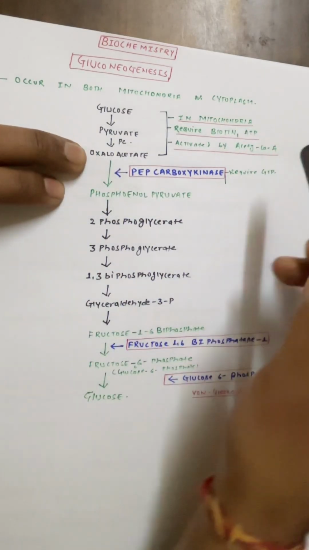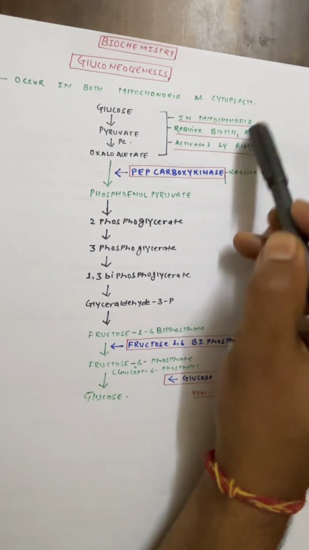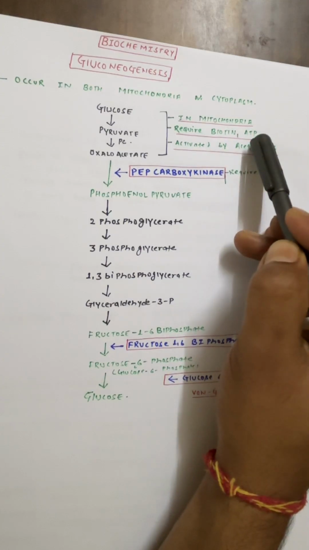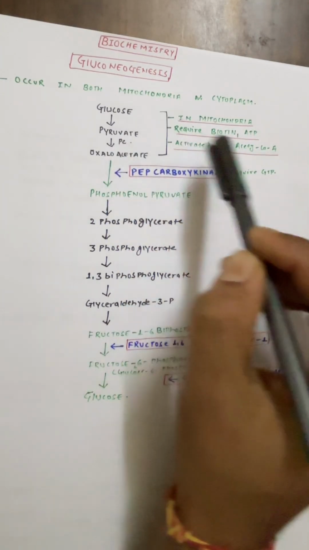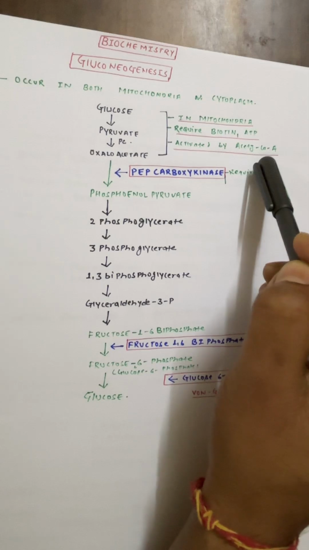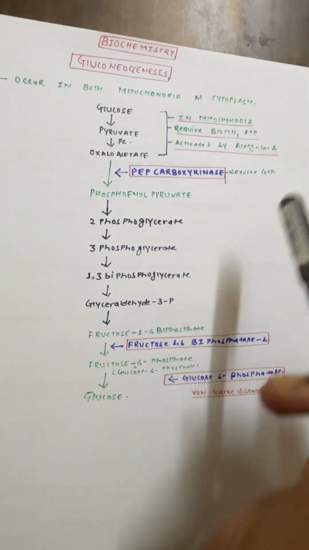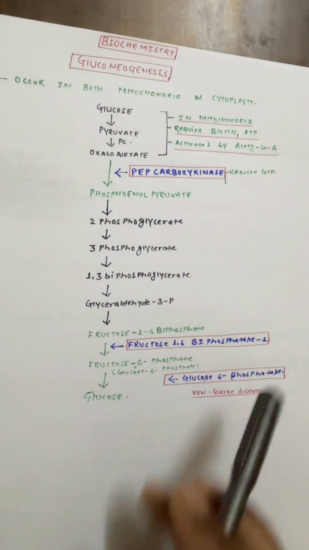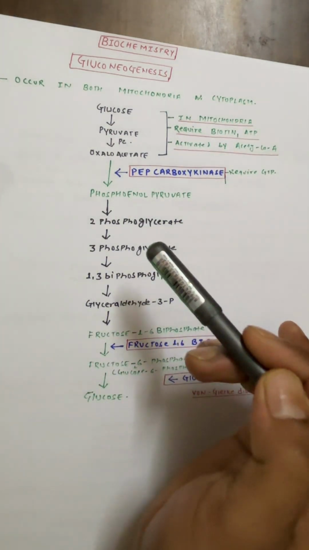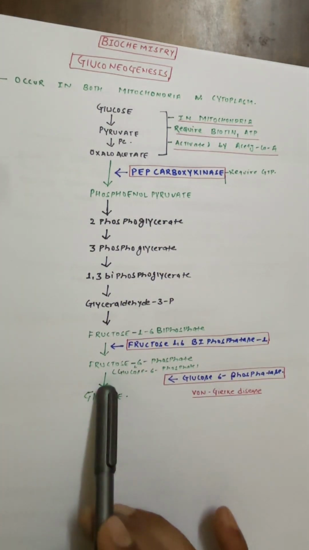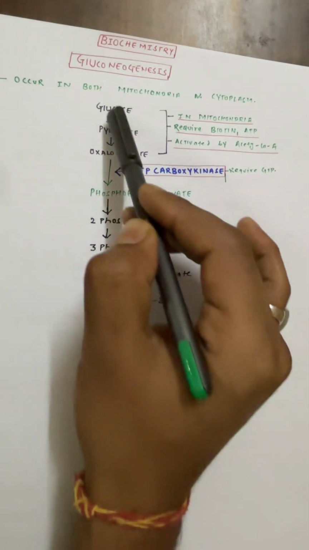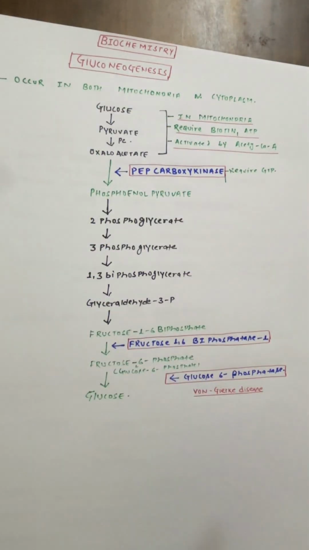This step occurs in mitochondria and requires biotin and ATP, and pyruvate carboxylase is activated by acetyl coenzyme A. When you see all these steps, it is actually the reverse of glycolysis.